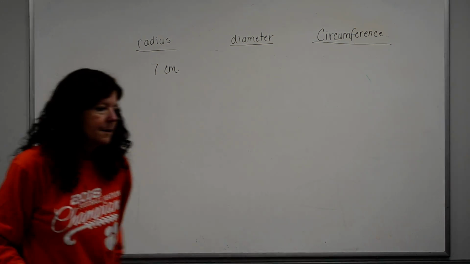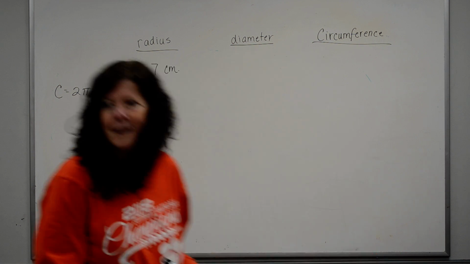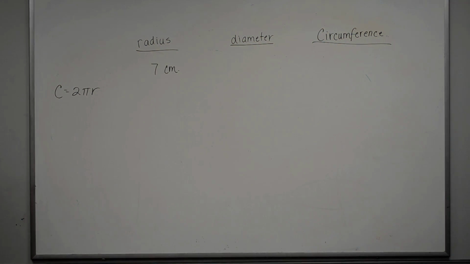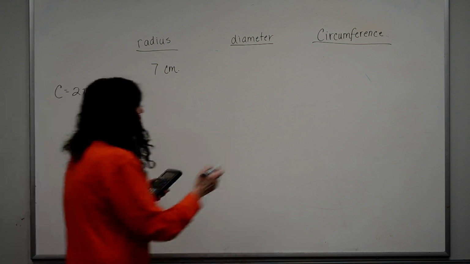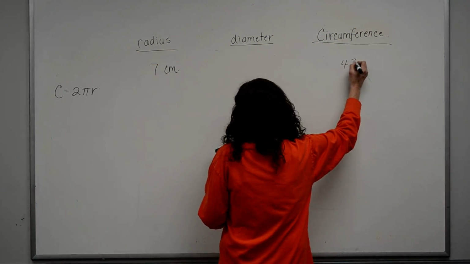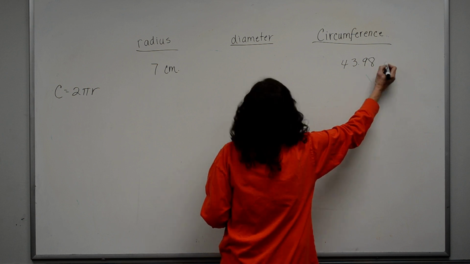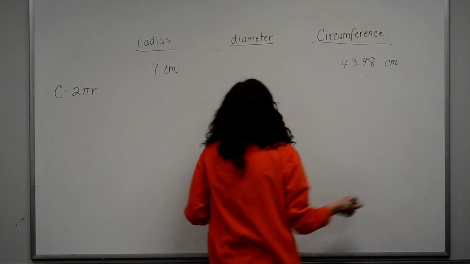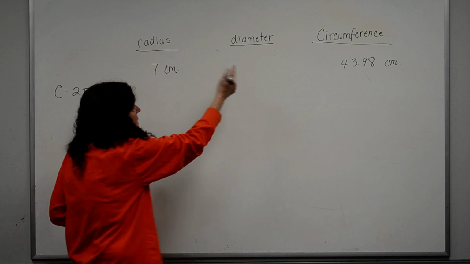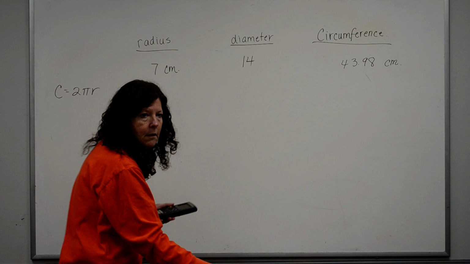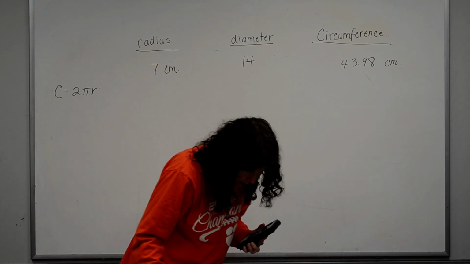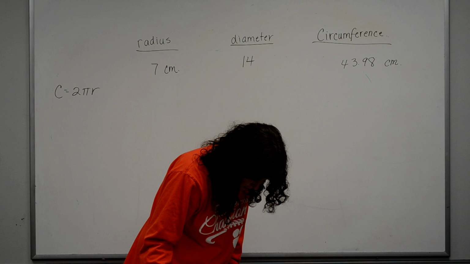If that's the radius, it's 2 times pi times 7. Right. So it's 14 times pi. So that's going to give me like 43.98 centimeters. Okay? Now, if that is 7, what's my diameter? Isn't that 14? Okay? Making sure that you know the correspondence between those two.